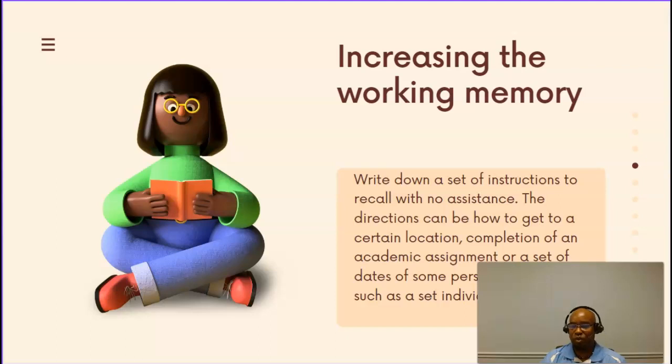You can also write down a set of instructions to recall with no assistance. This could be how to get to a certain location that you like, how to complete an academic assignment. You can ask the teacher, or a set of dates of some personal information, such as several of your friends' birth dates, and to write that down and remember it and put the significance with it. And this will help to increase your level of working memory.